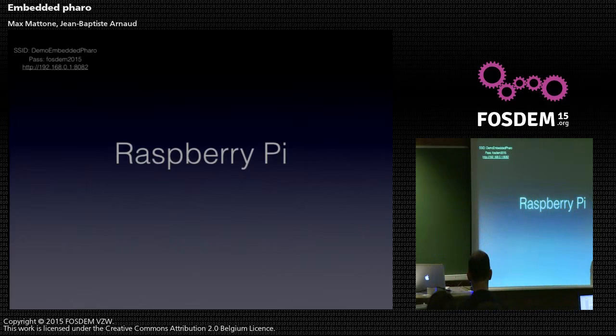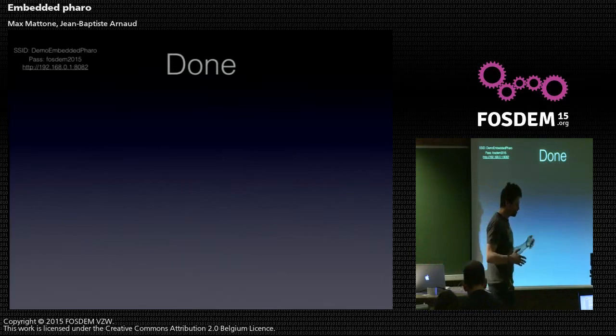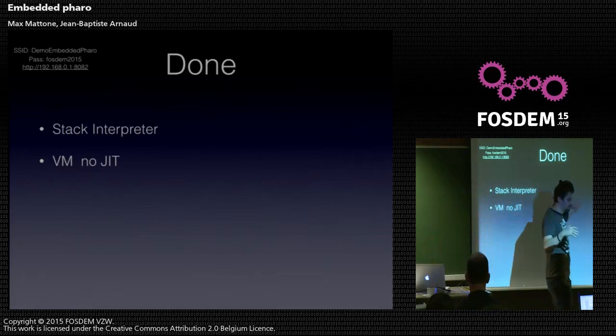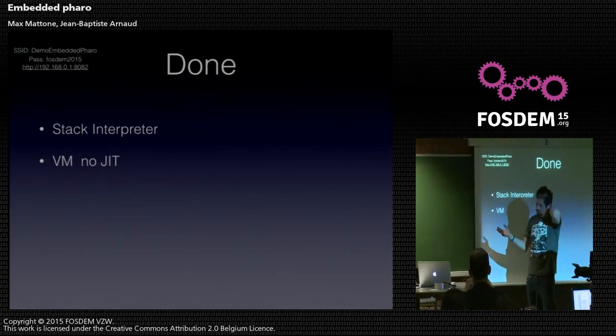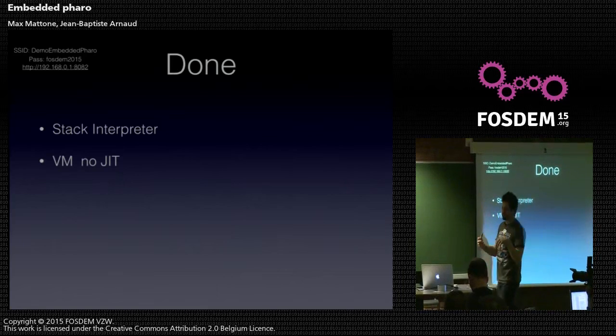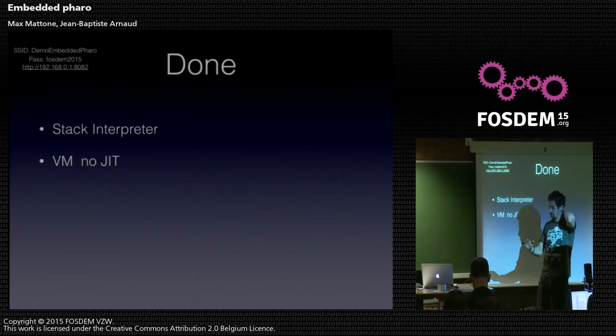That is quite cool. So basically, the VM for Raspberry Pi, as Craig explained previously, is generated in C, and so we need to port it on every platform. We have now the stack interpreter, that is basically the VM using the C-optimized stack, but we do not have the JIT compiler, the just-in-time compiler, for the ARM platform yet.